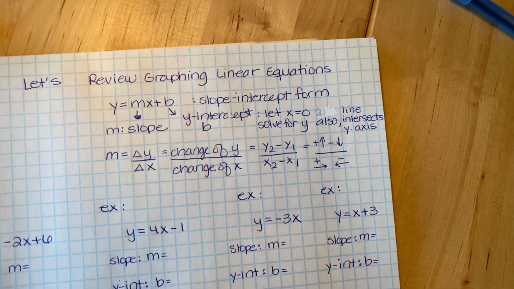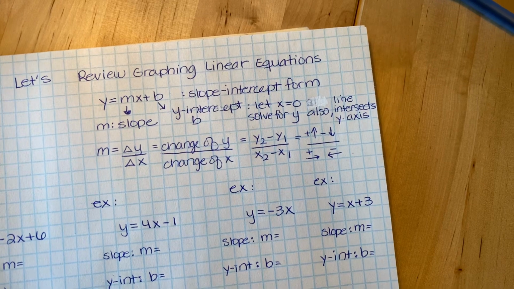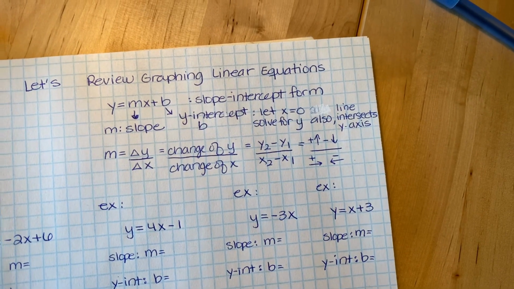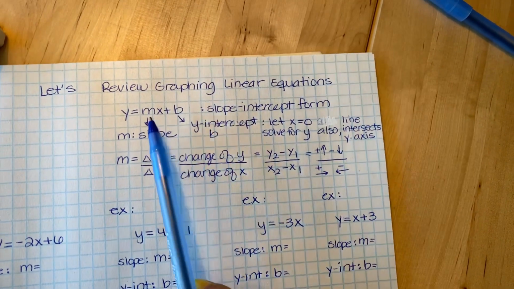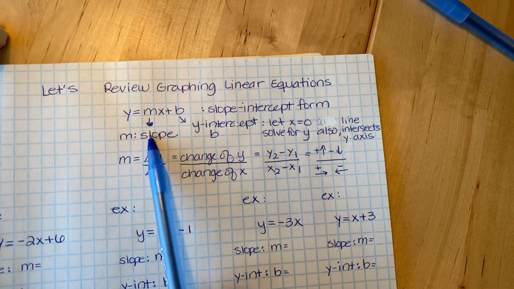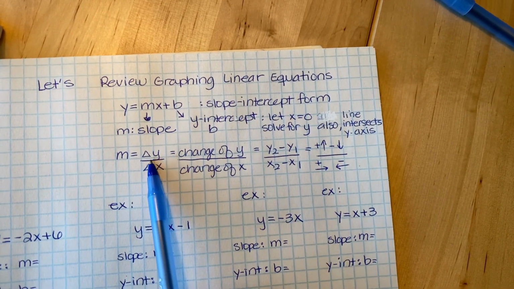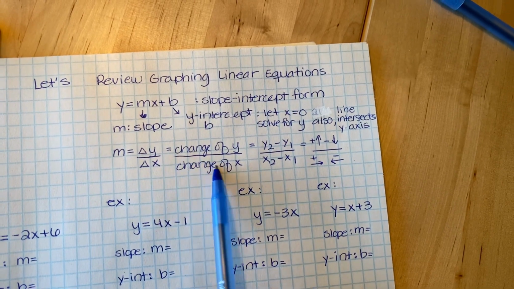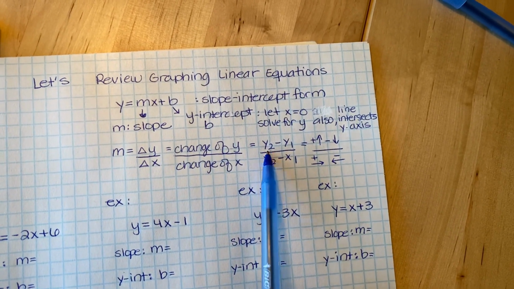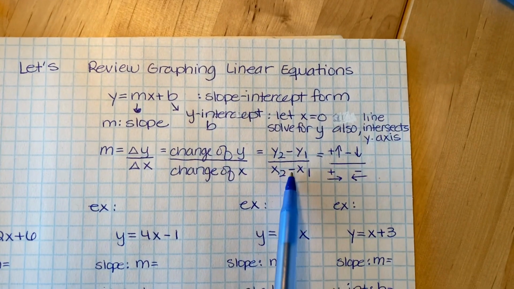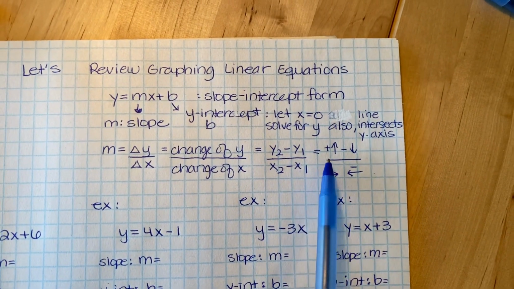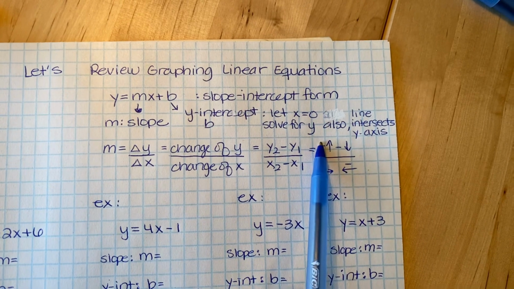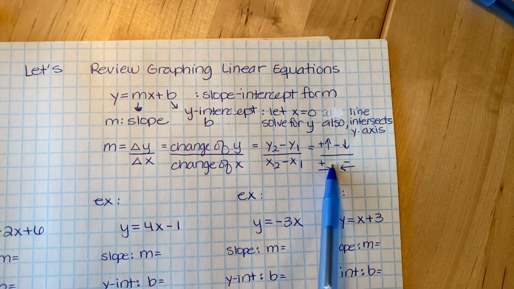M is a number: fraction, positive, negative, integer, or decimal. The m is your slope, and that is the change of y over the change of x, delta y over delta x, which is the formula y2 minus y1 over x2 minus x1. If it's positive, you move up, negative down, positive right, negative left.